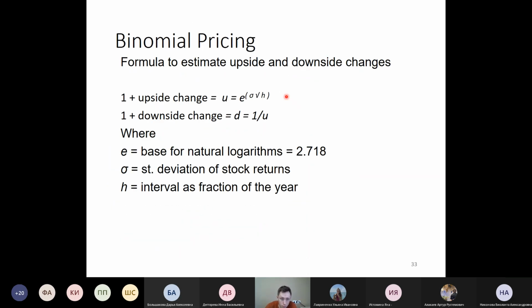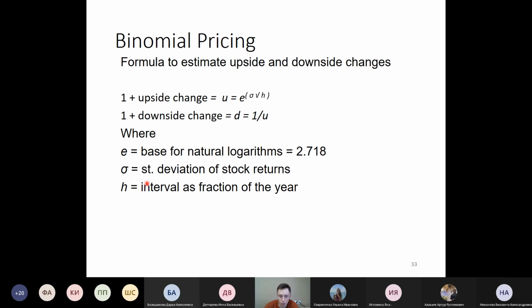In order to do these potential changes, we use the following formula. E as a base for the natural logarithm, this is 2.718, the first 3 decimal places of this number. Then the standard deviation of the stock returns, something that we can estimate on the historical data for the same period that we consider. And the interval as a fraction of the year.